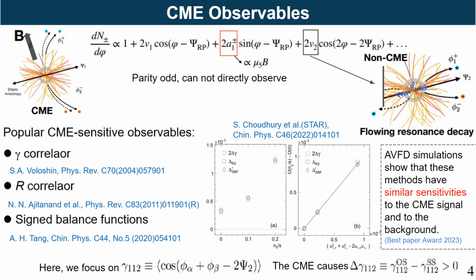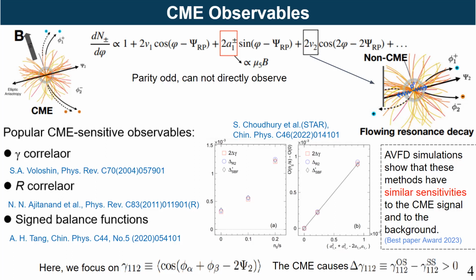However, in a recent method paper, we show that all three methods, if we just examine the key component, are sensitive. If we plot the key component of the three observables together as a function of the true signal in AVFD models, they are identical in terms of the true signal. So they are sensitive to the signal, but in the same way.